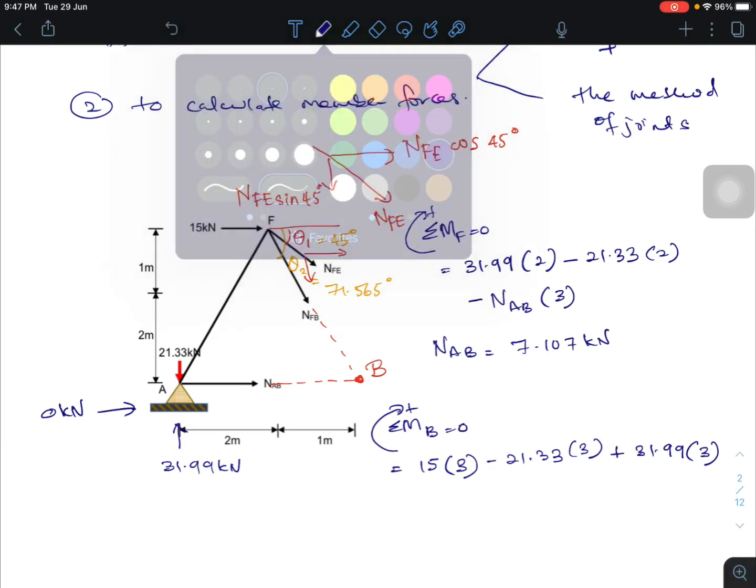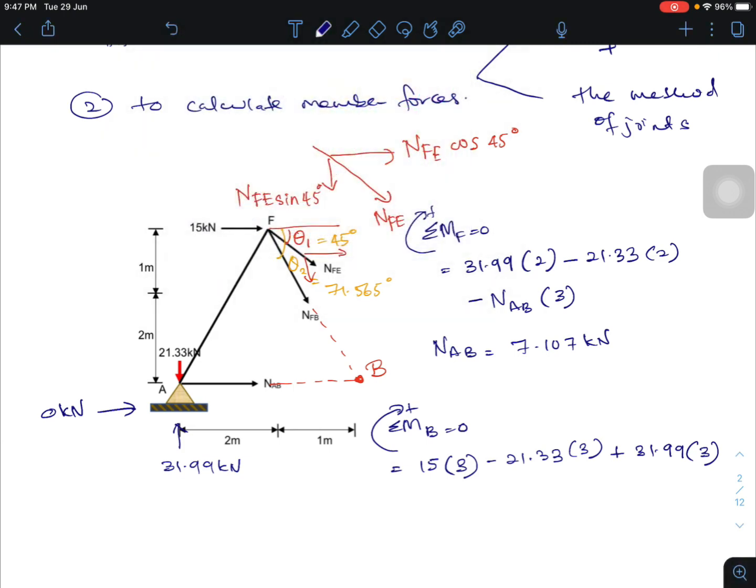So now firstly we take this horizontal component. This horizontal component will rotate in clockwise direction to joint B. So it is positive, NFE cos 45 times vertical distance from F to B, 3 meter.